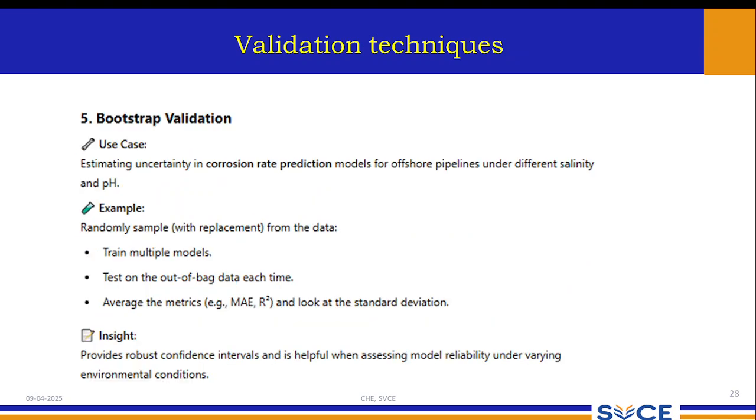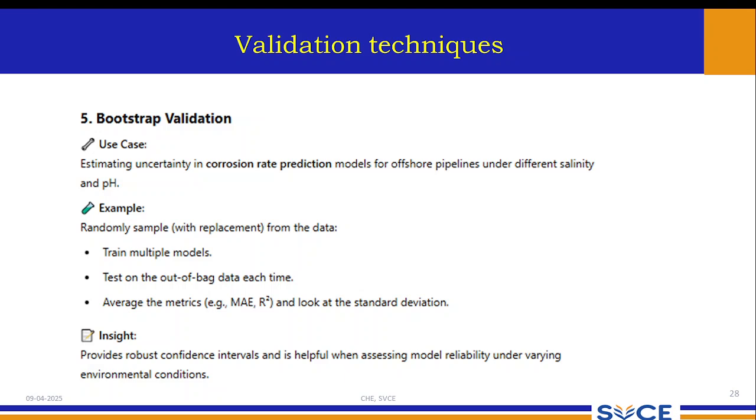Bootstrap validation: estimating the uncertainty in a corrosion rate prediction model for an offshore pipeline under different salinity and pH. The corrosion rate is the dependent variable, which depends on parameters like salinity and pH.